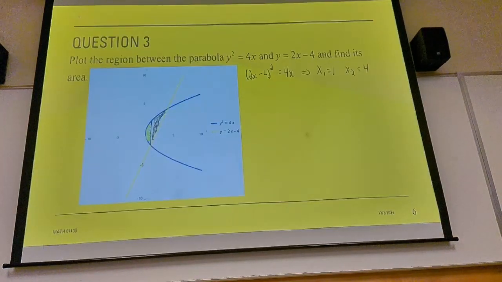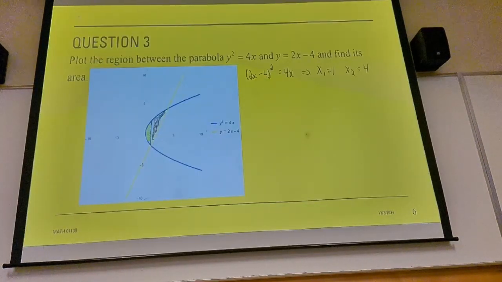You just use two separate integrals? You're gonna have to. I'm doing it with respect to x, not y.